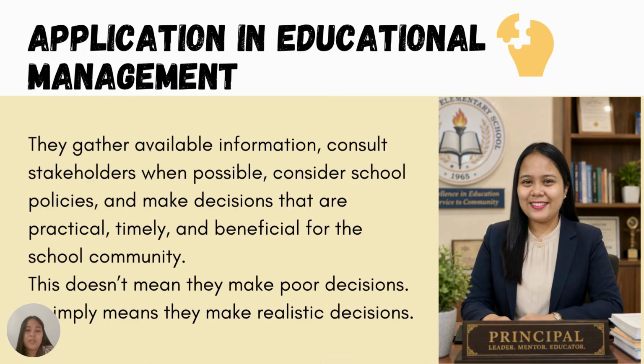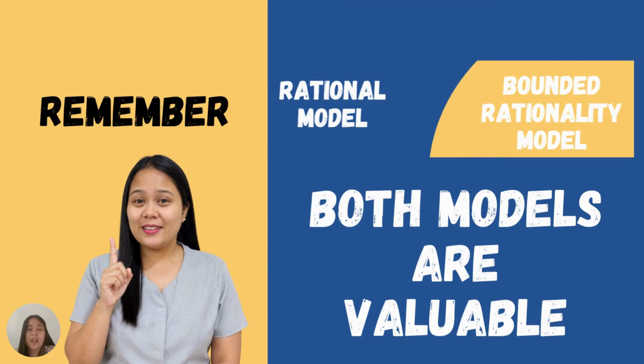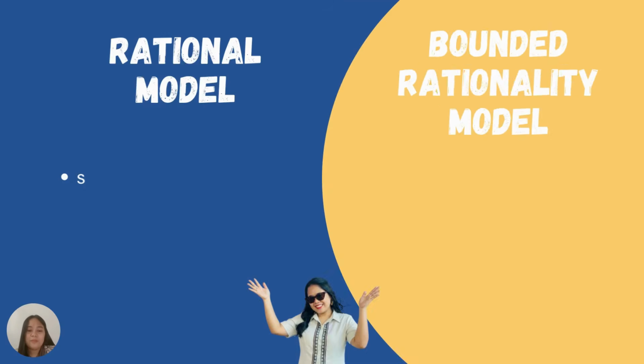They gather available information, consult stakeholders when possible, consider school policies and make decisions that are practical, timely, and beneficial for the school community. It doesn't mean they make poor decisions, but it only means they make realistic decisions. So remember, rational model and bounded rationality models are both valuable.